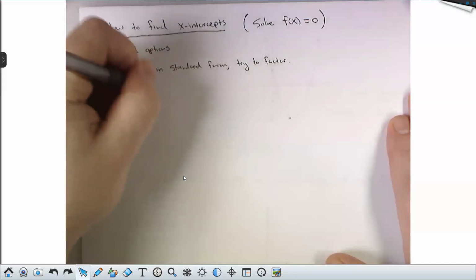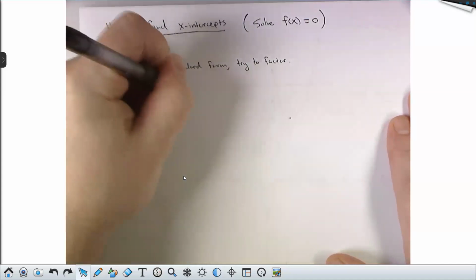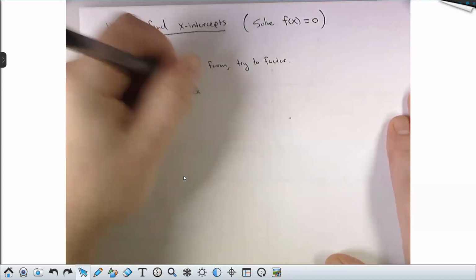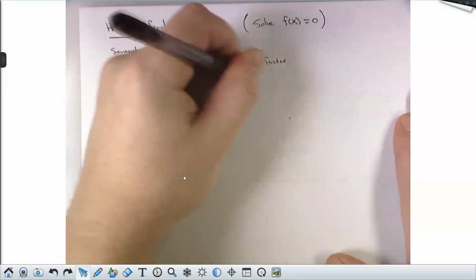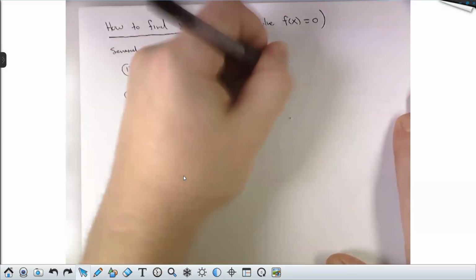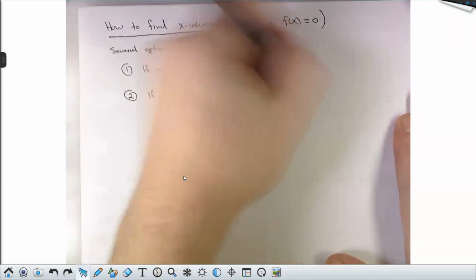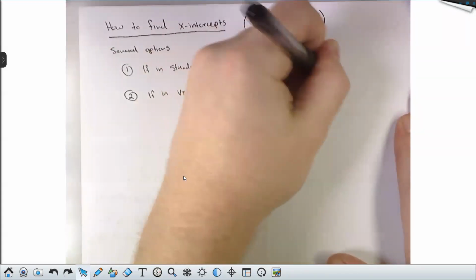If in vertex form, you can set f of x equals 0 and solve by taking square roots.